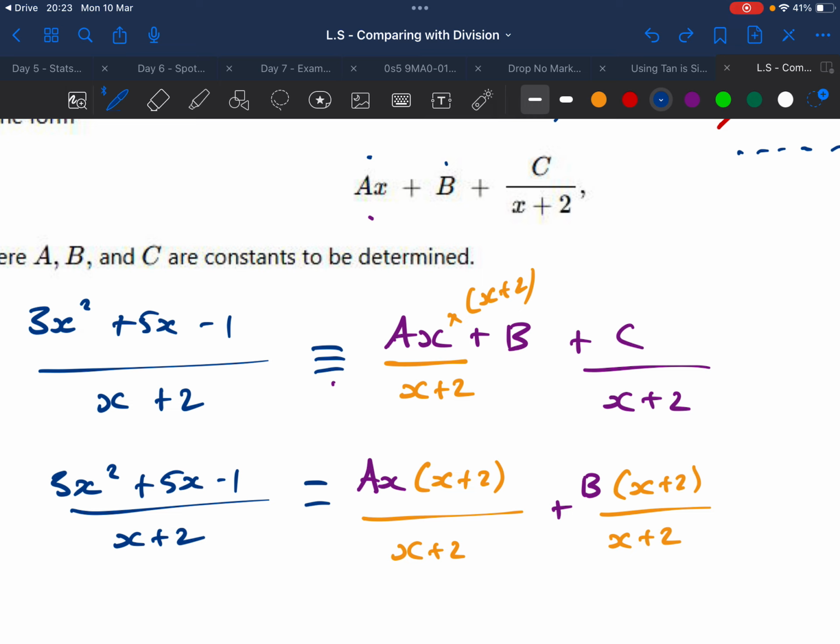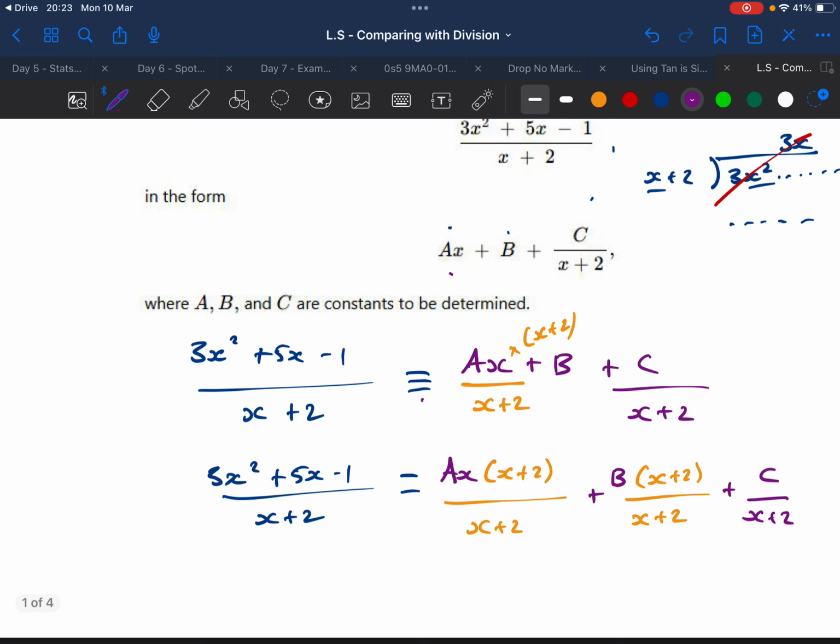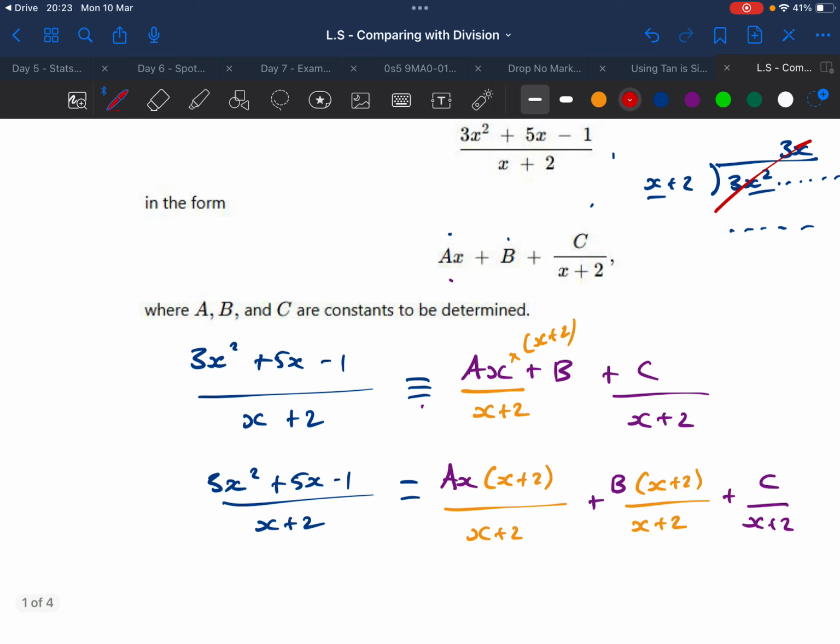So that's where that idea comes from. So what was this plus c, which is already over x plus 2? Well, now, because the denominators are the same everywhere, I can just eliminate that, and I can use a skill like comparing coefficients.